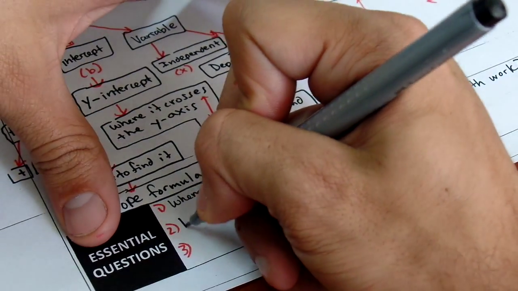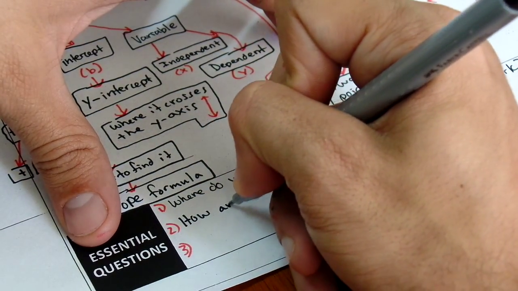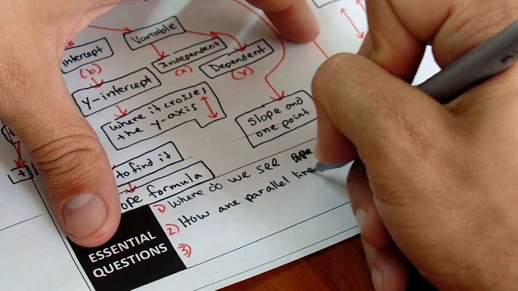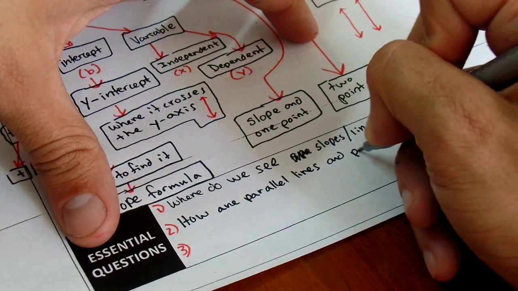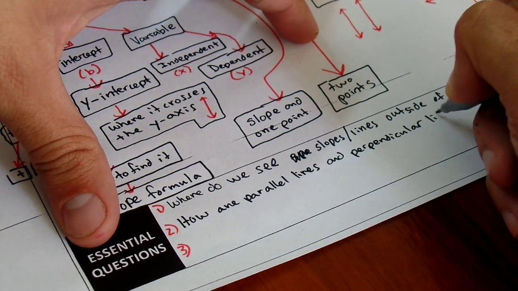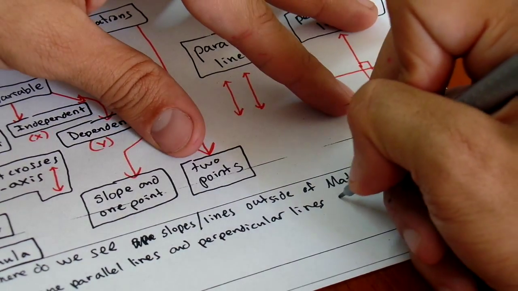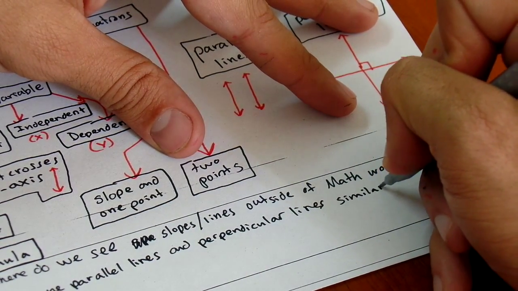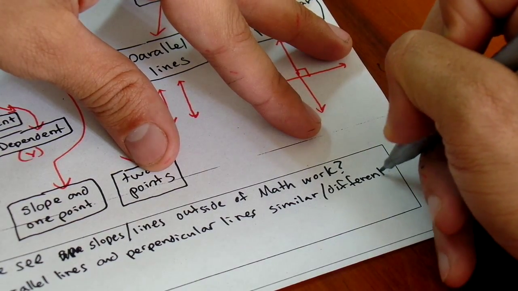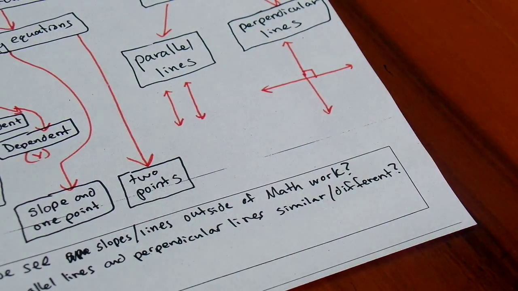I want to know how are parallel lines and perpendicular lines similar or different? Okay.